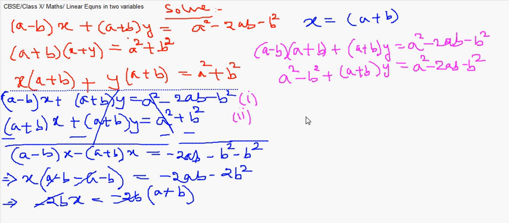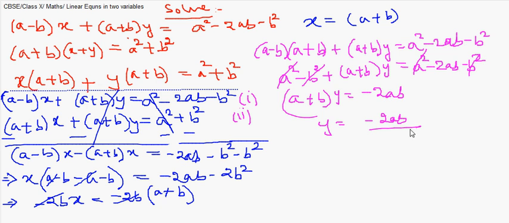Now this is getting cancelled, this is also getting cancelled. I'm left with a plus by is equal to minus 2ab. In that case y becomes minus 2ab by a plus b.